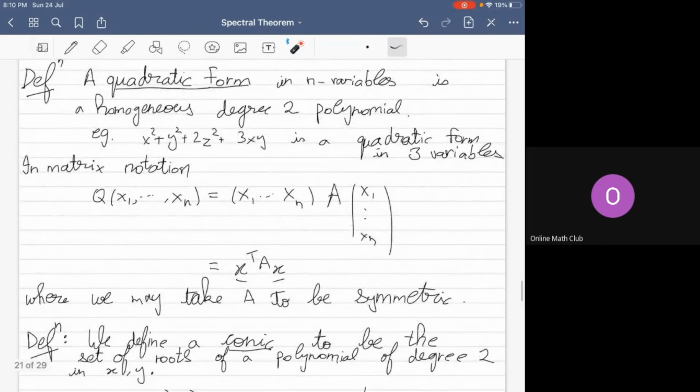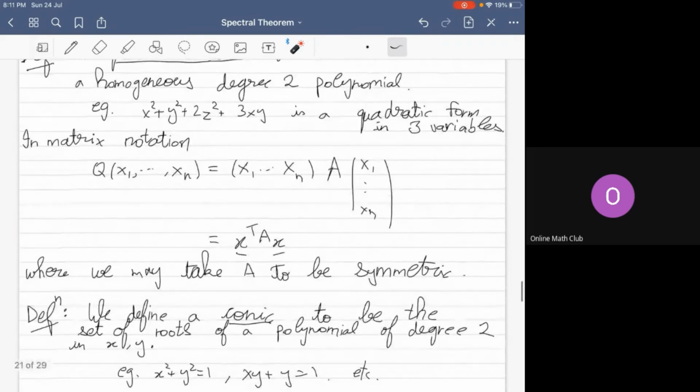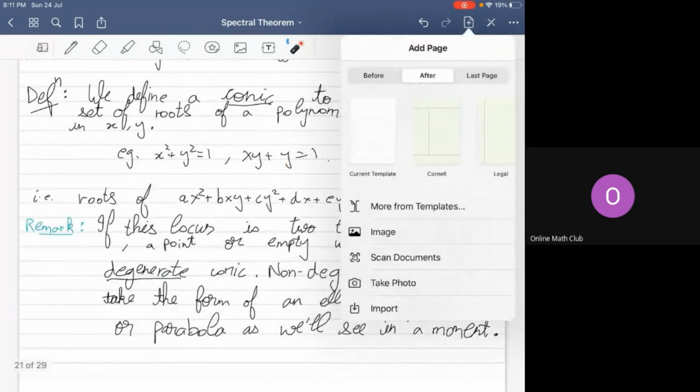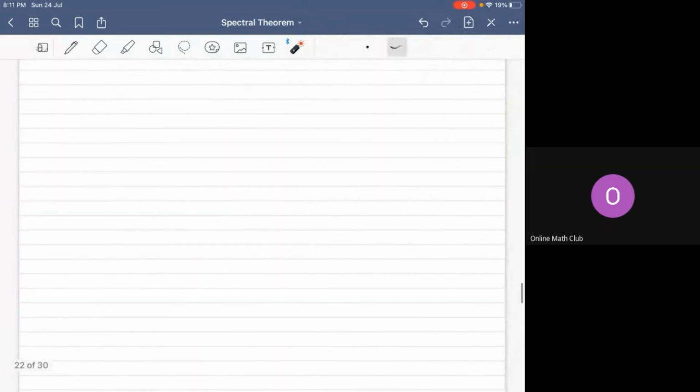So we can actually write this in a matrix notation as something like this. This is the quadratic form, like the polynomial, and we can write this as (x1 ... xn) A (x1 ... xn) transposed.